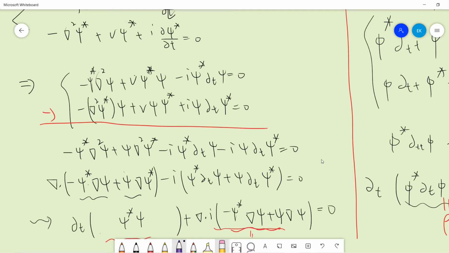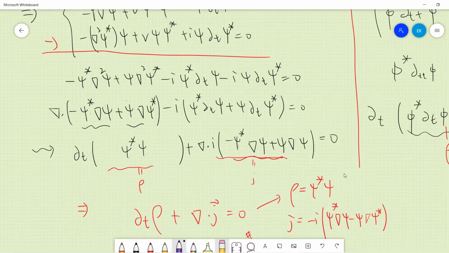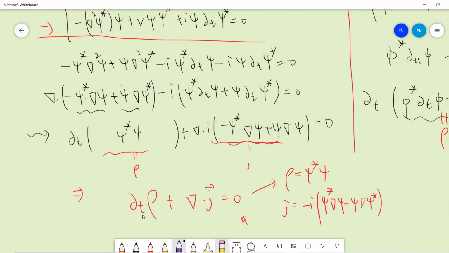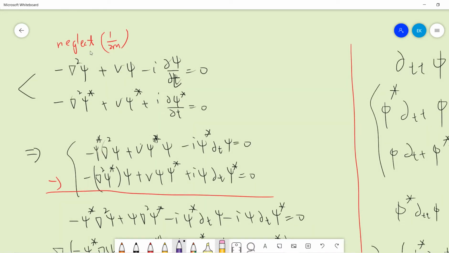By the Leibniz rule, I can change this equation into partial t of psi star psi plus divergence of this term. So by the continuity equation, partial t rho plus divergence j equals 0, I can define rho to be psi star psi and j to be minus i times psi star gradient psi minus psi gradient psi star. So this is the continuity equation derivation of the Schrodinger equation.